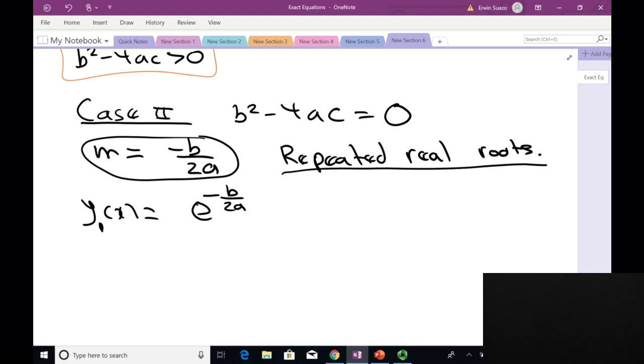Yeah, we do. That was the formula we used last time. It's called the reduction of order formula.